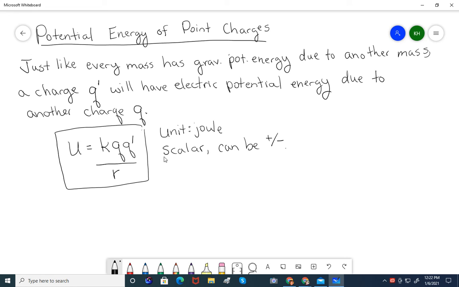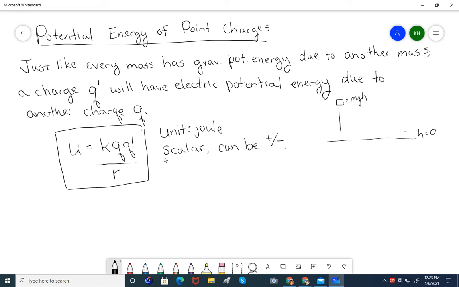If this is the ground, we often say this would be a height of 0. We often decide that gravitational potential energy will be 0 at the ground. So if I have an object up here, its gravitational energy is mgh. When it falls to the ground, its potential energy will be 0.